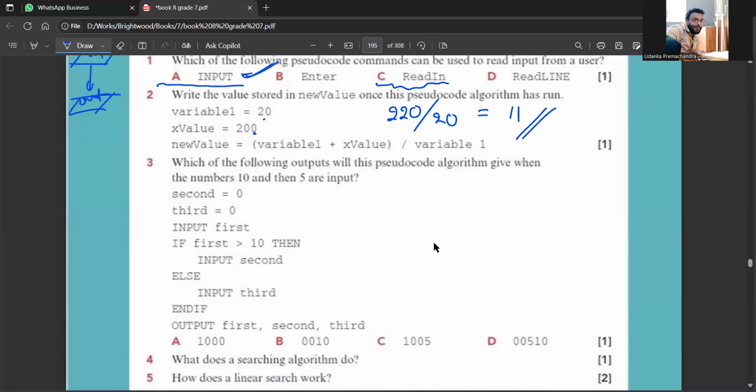You can substitute the values: variable 1 as 20, x value as 200, 200 plus 20 is 220, divided by 20 is 11.